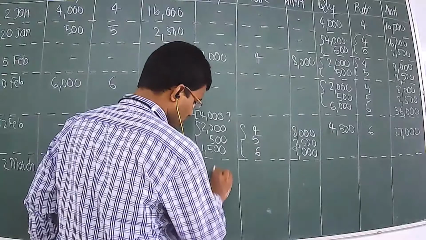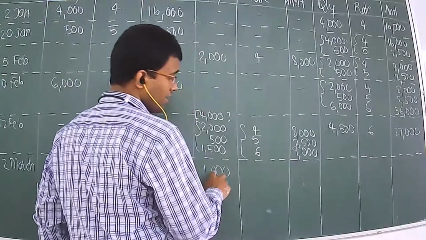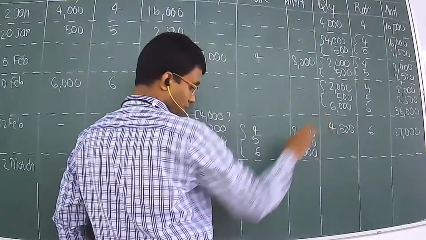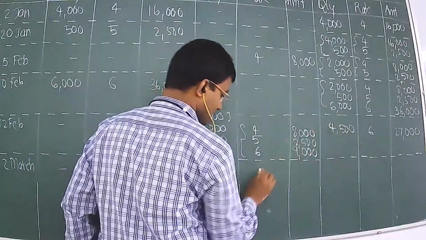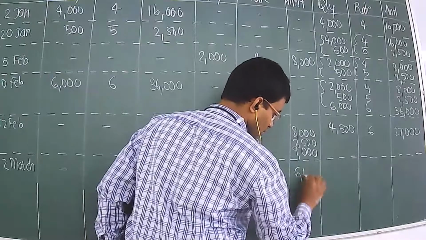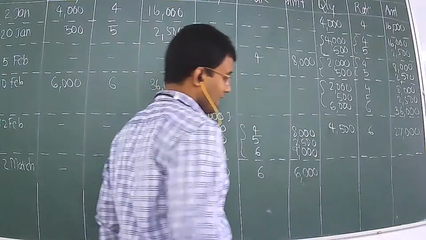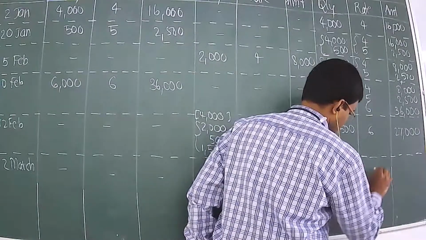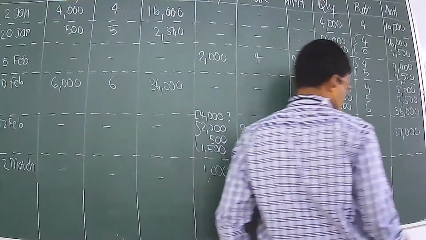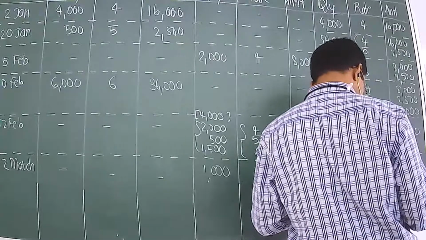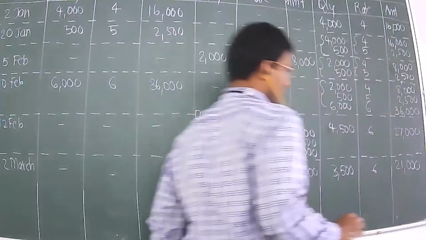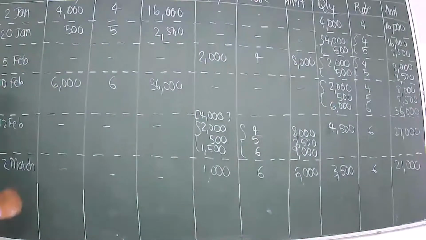So when you issue 1,000 units, remember this entire 1,000 units you're able to fulfill from here. This was bought at 6 rupees, so the total is 6,000. Let us record our balance. We have 3,500 remaining, purchased at 6 rupees, so the total works out to be 21,000.